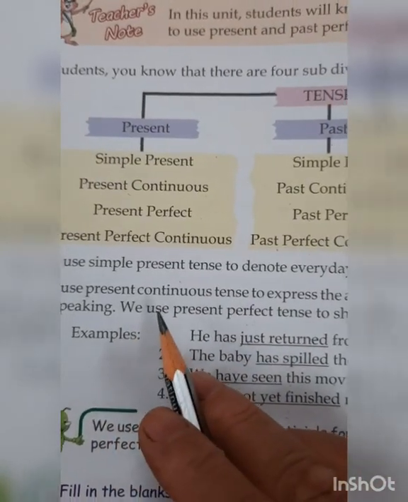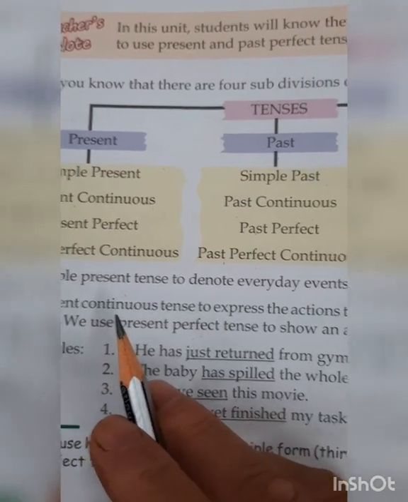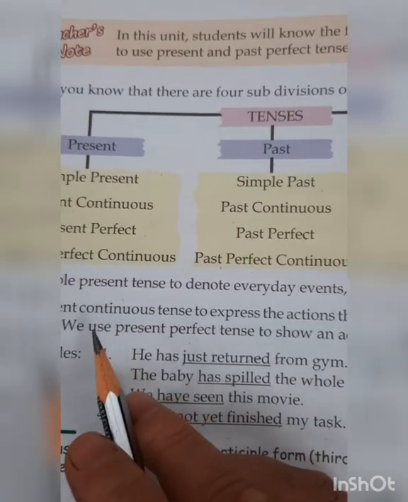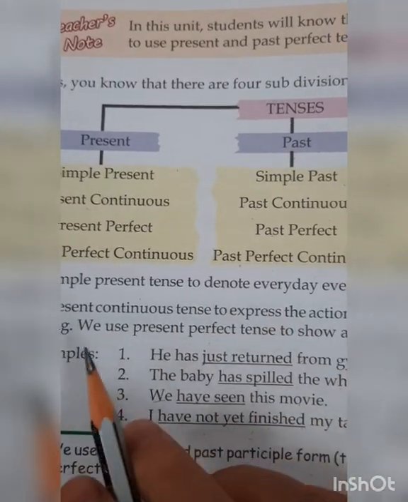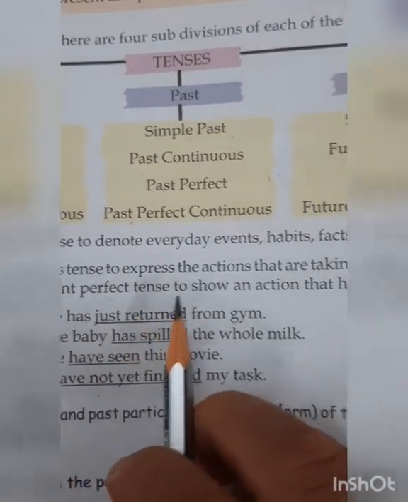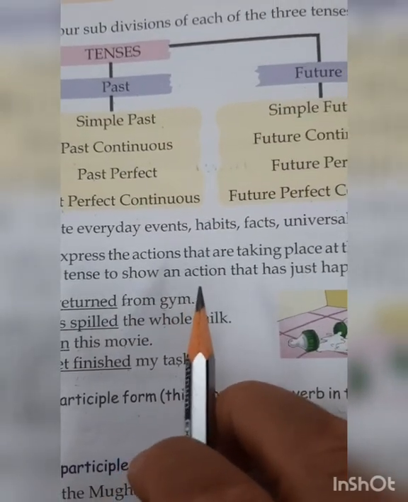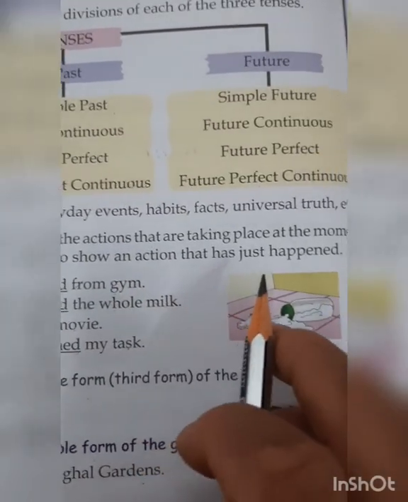Whenever you are speaking, any action you are doing at that time will come under present continuous tense. We use present perfect tense to show an action that has just happened.